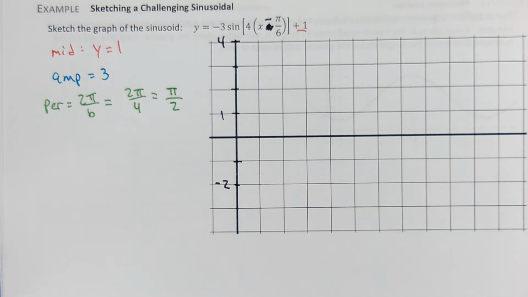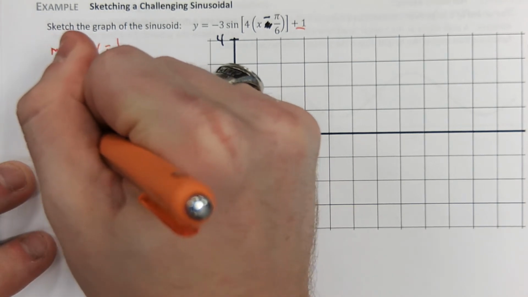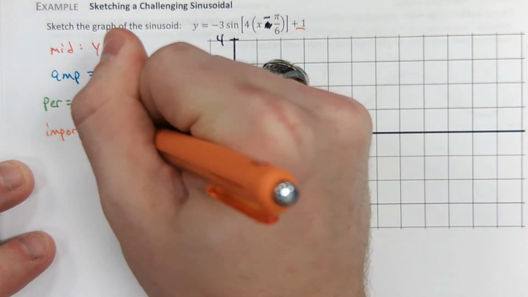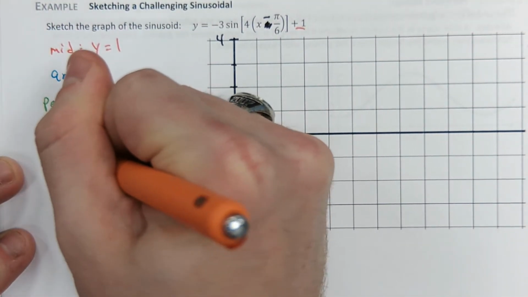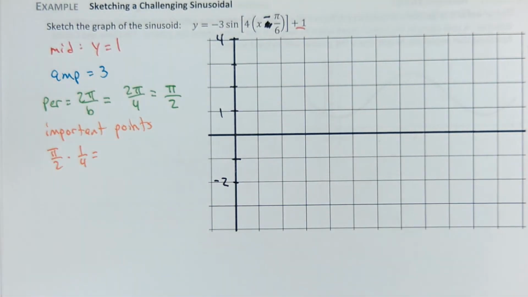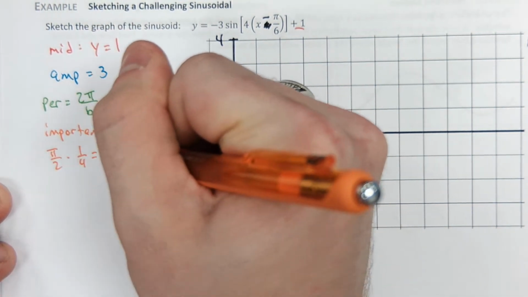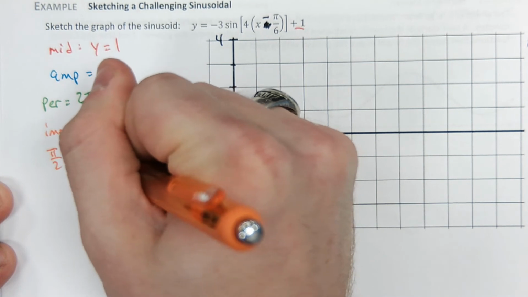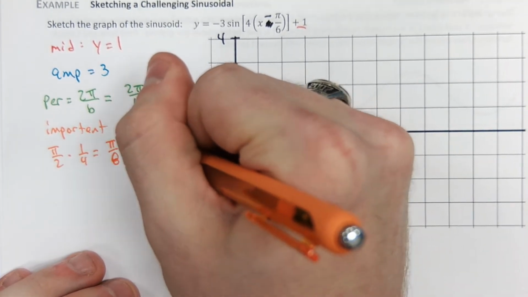Now we need to figure out how far apart our important points are then. One quarter of the period. Yikes, a pi over 8. I wrote 6. There, now it's an 8. Our special information will be pi over 8 apart from each other.